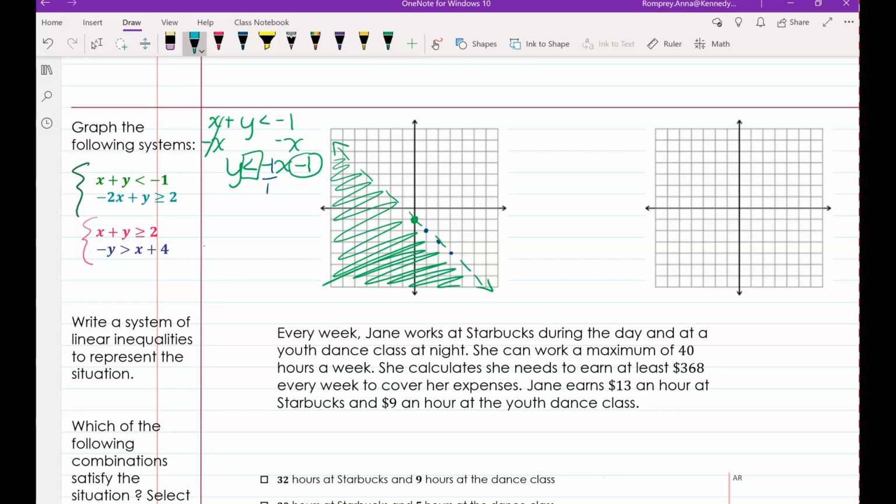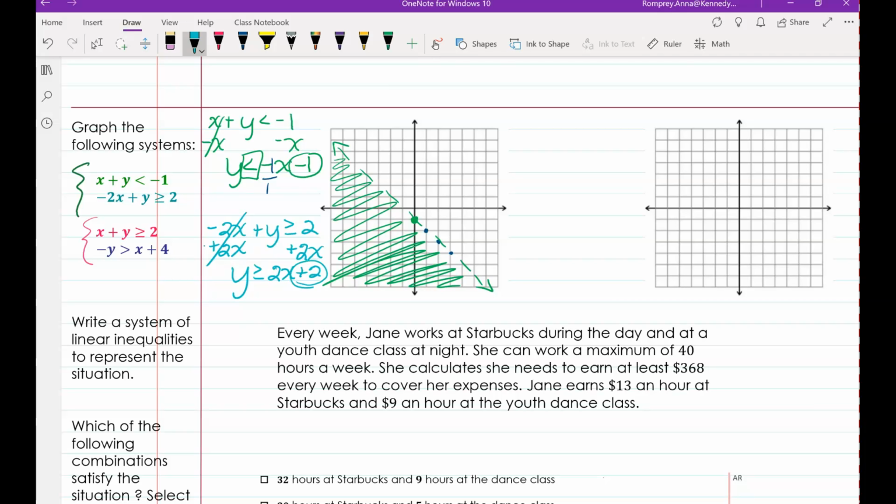So let's do the same thing for the next one. So I'm going to graph -2x plus y is greater than or equal to 2. Okay, so isolate y. So we need to move this -2x. So my inverse operation, +2x. So y is greater than or equal to 2x plus 2. All right, same rules apply. Slope-intercept form.